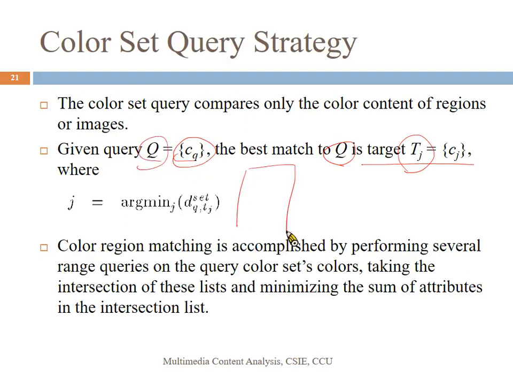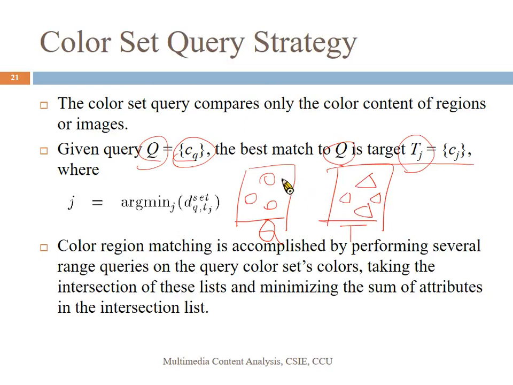Basically, given a query image Q and an image in the database, the image Q may consist of several regions. The images from the database may also consist of several regions.